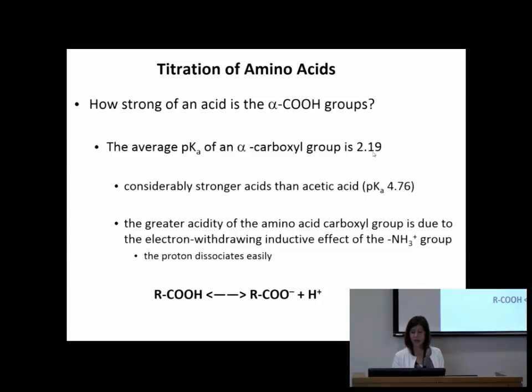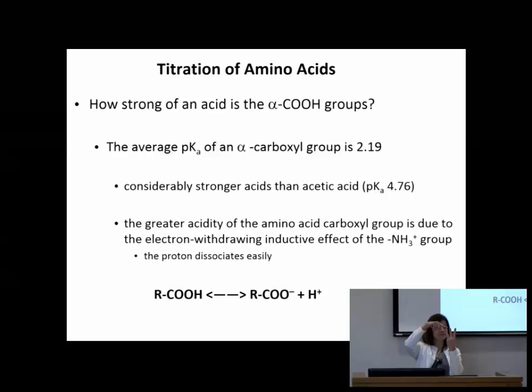The only thing different between acetic acid and our amino acids is that you have the amine group on it. Really, that's the only difference. So you have acetic acid, you have 2 carbons, 1 carbon has the acid group. On an amino acid, you have the carbon with the acid, the alpha carbon, and then the amine group on the other side of that other carbon.